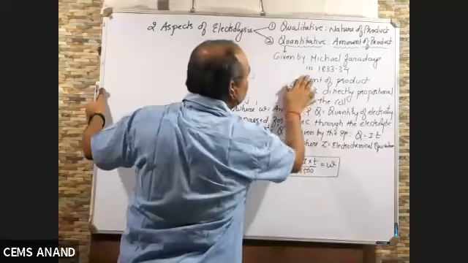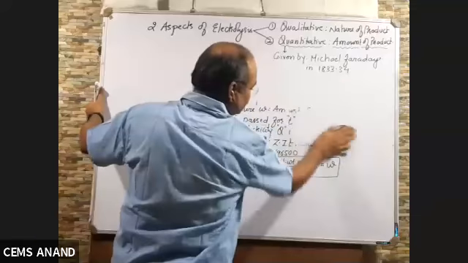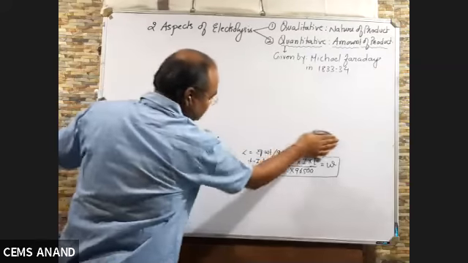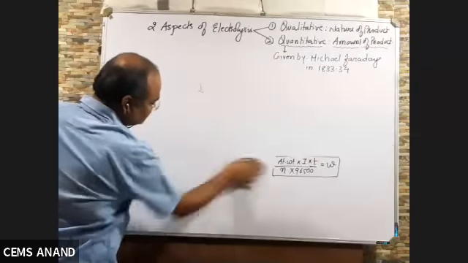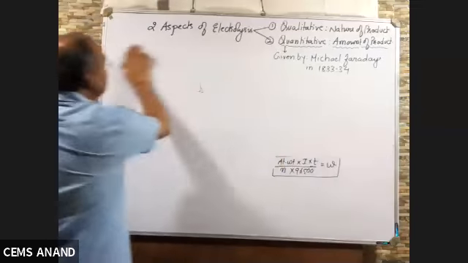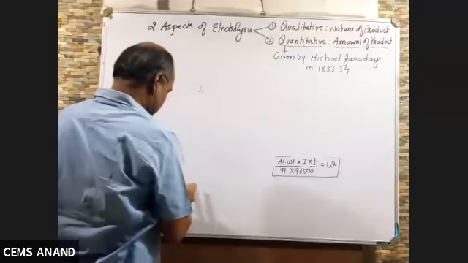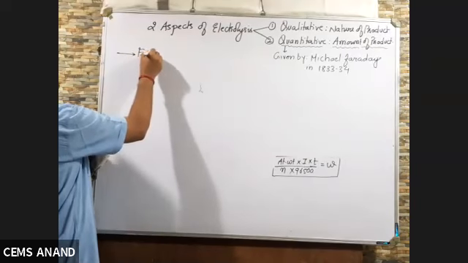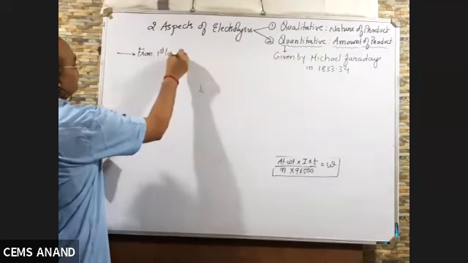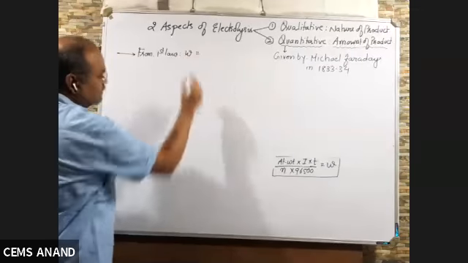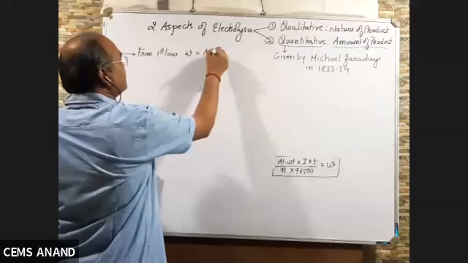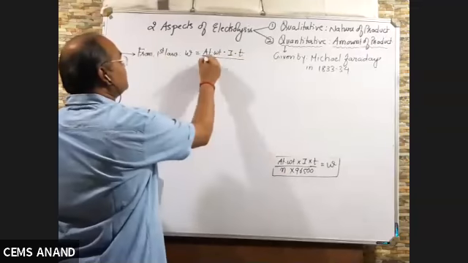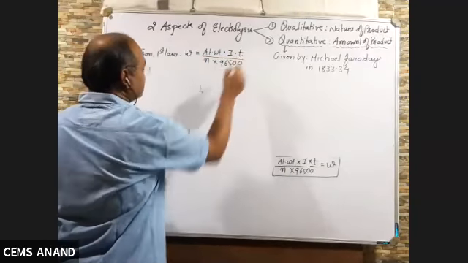Now, we'll calculate the numerical based on this formula. From the first law, can I write W is equal to atomic weight into I into T divided by N into 96500, right?